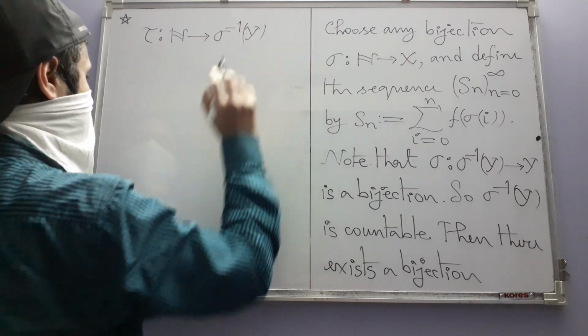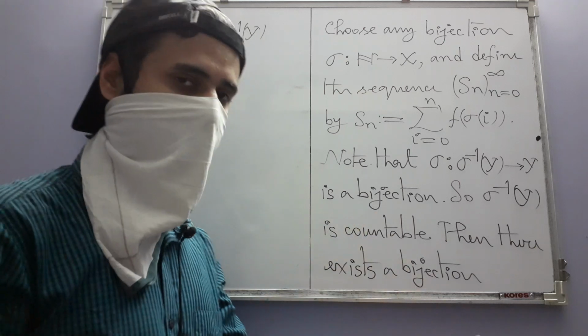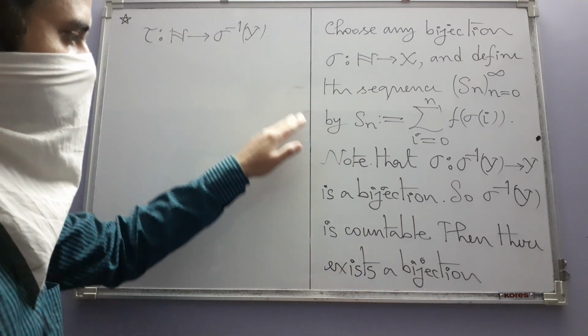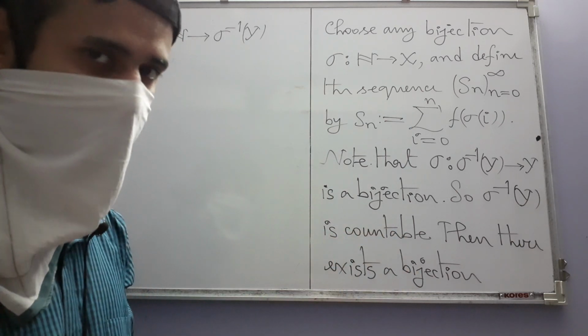Sigma inverse of Y being countable and a bijection existing like this are just the same thing, because that's what countability means.